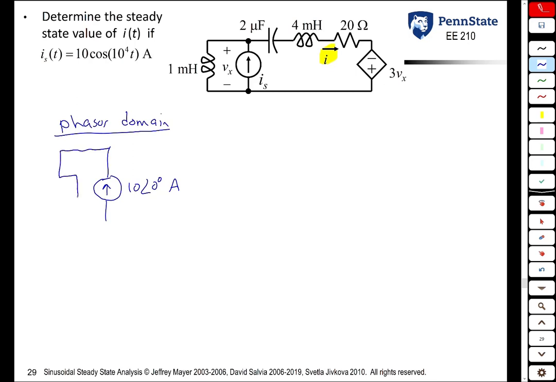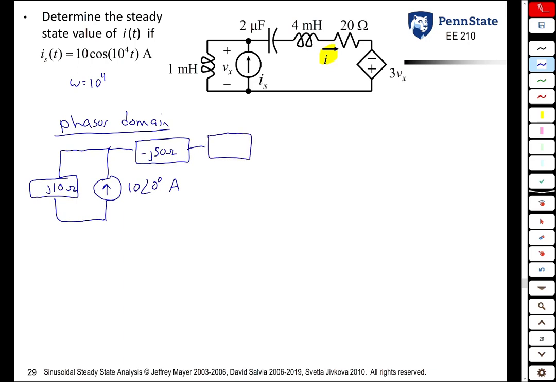The inductor on the left, the 1 millihenry inductor, becomes J omega L. Omega is 10 to the 4th radians per second. Multiply that by 1 millihenry, we get J10 ohms. The capacitor becomes minus J over omega C. Since you have 2 microfarads and 10 to the 4th radians per second, this becomes minus J50 ohms.